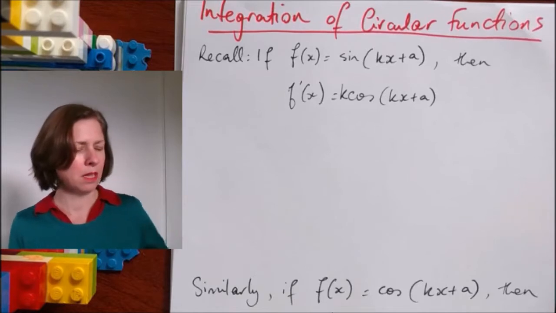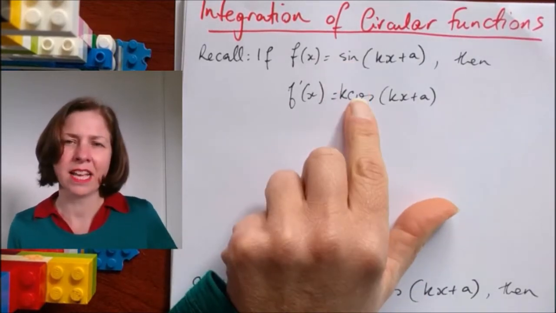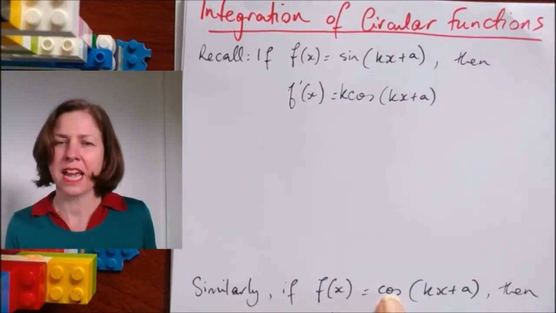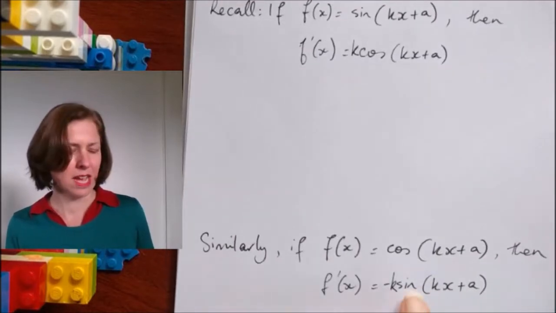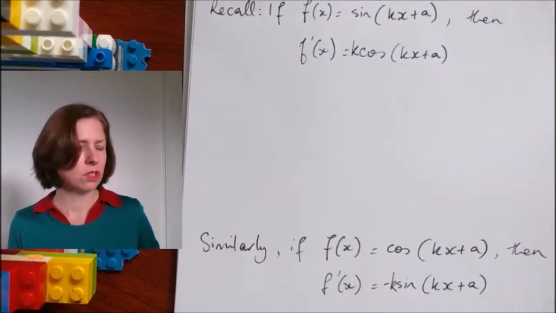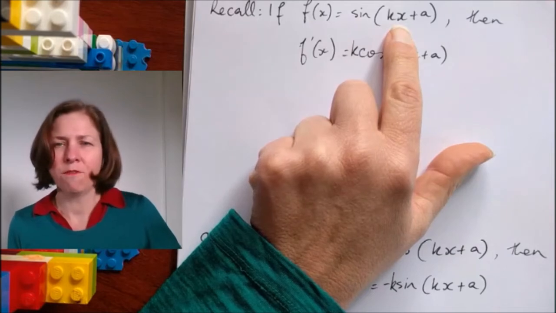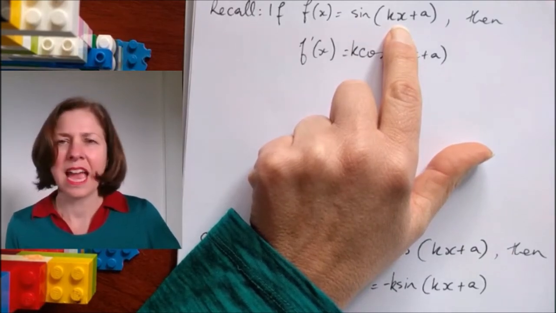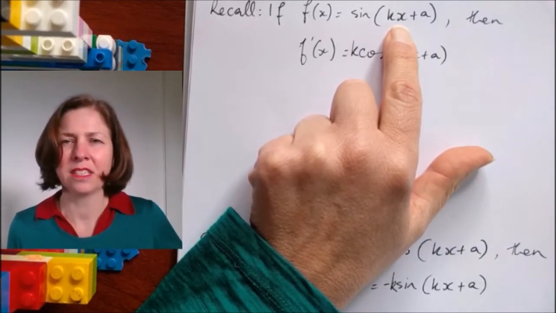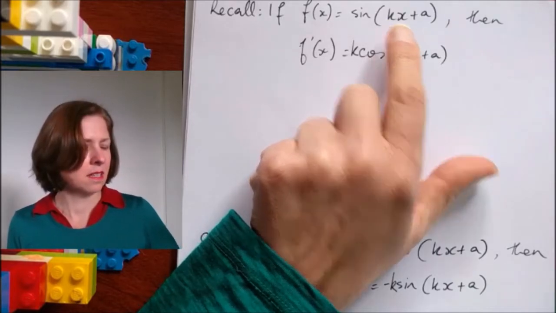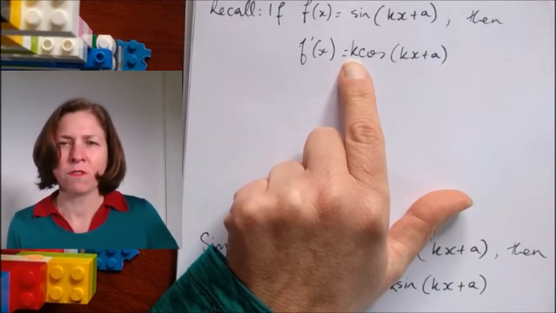So we'll just start by remembering what we know about differentiation of circular functions. If you remember, when I differentiate sine, I get cosine. When I differentiate cosine, I get negative sine. But also, if my sine function has kx plus a in the brackets, then my derivative will have a factor of k, which is the coefficient of x, out the front.